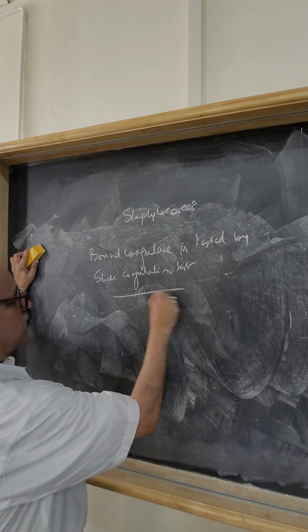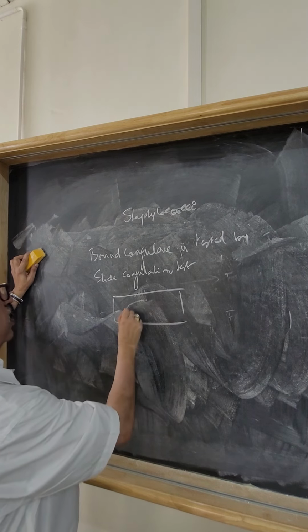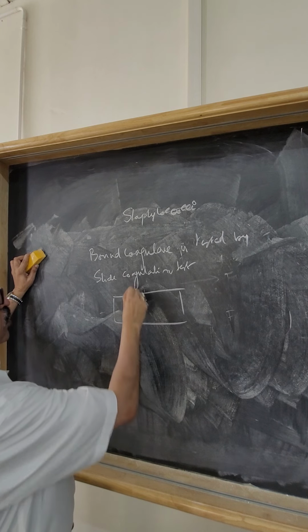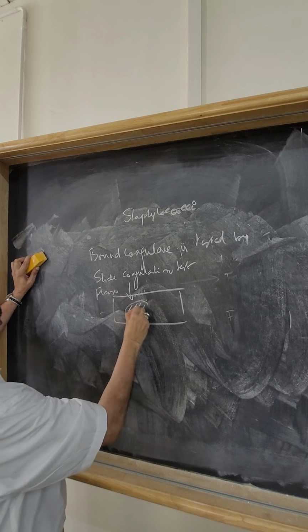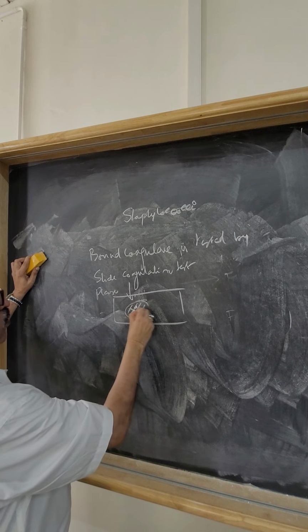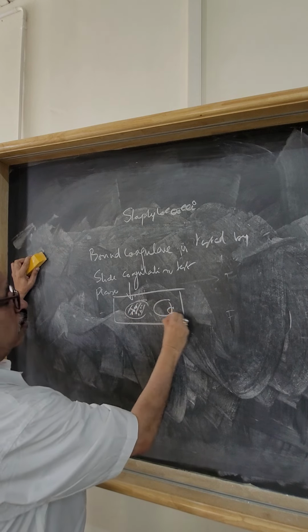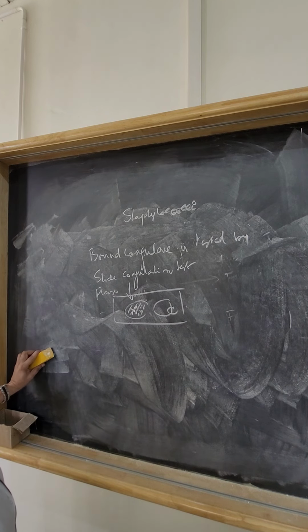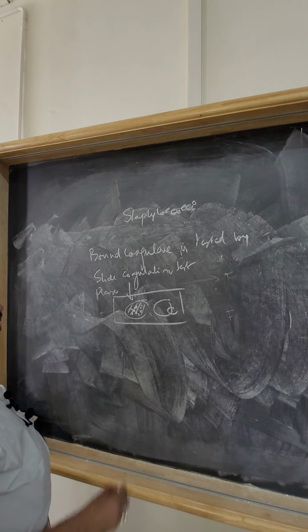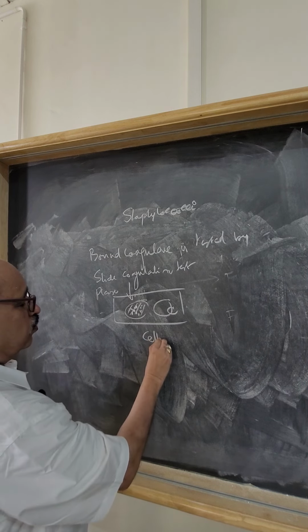We take a saline suspension of the organism and add plasma. There will be clumping. Of course, you have to take the control also. That is the slide coagulase test, which detects the coagulase bound to the cell wall.